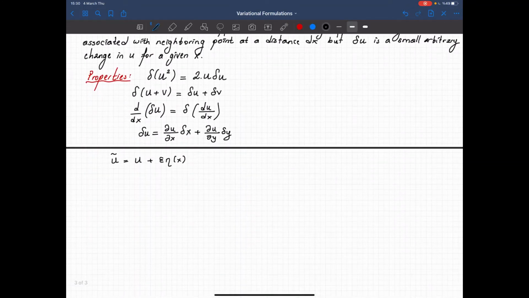So to solve the variational problem of extremizing pi, or the functional we have in our hands, we consider the following.